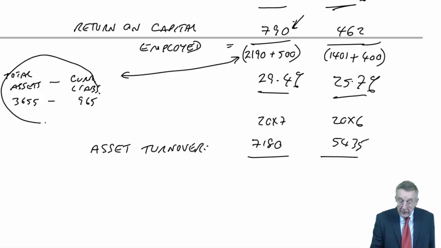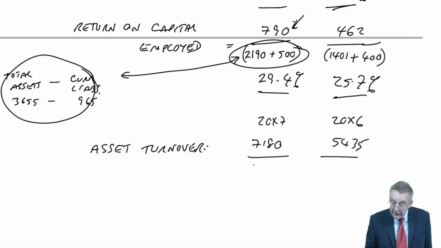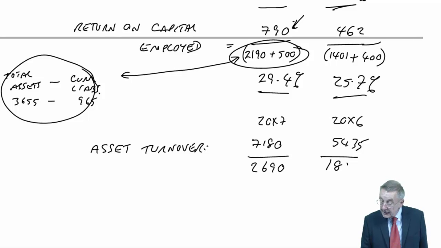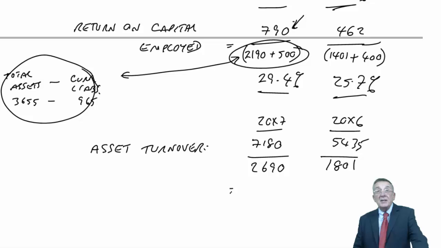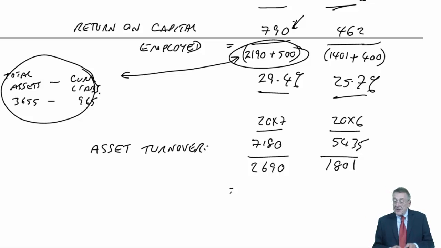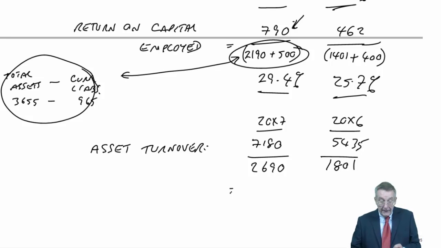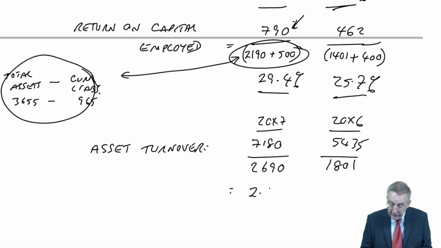Well, I've already said enough about that a minute ago. This year is 2690, last year was 1801. Now this we tend to write just as a number, not as a percent. So the asset turnover, 7180 divided by 2690 is 2.67.